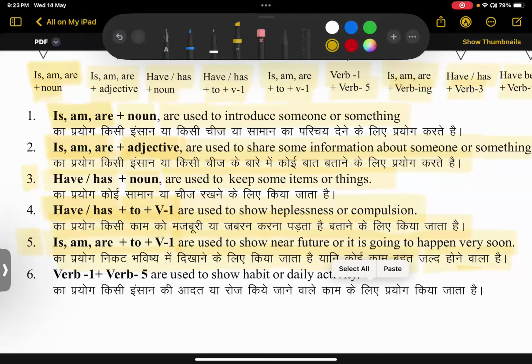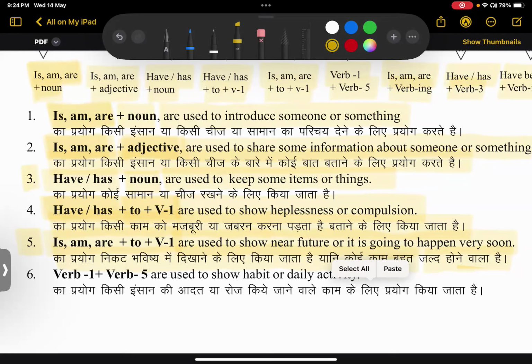So dear student, I hope you're going to understand very well that when you want to say that something is going to happen very soon, suppose someone got an accident on the road and there is a very critical situation, you will say, he is to die. He is to die means very soon he is going to die.